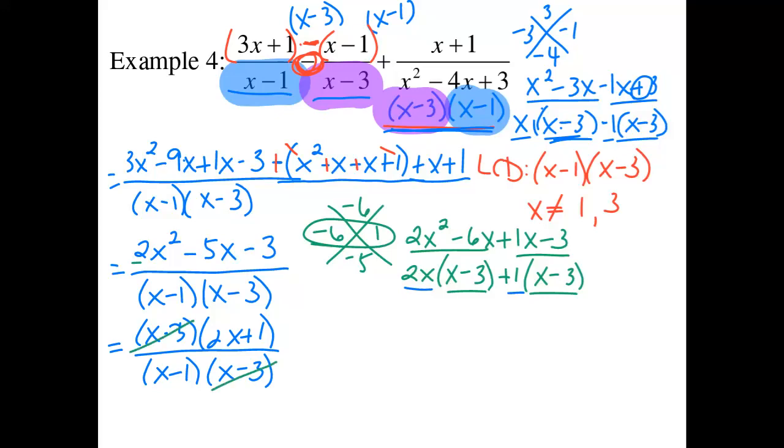X minus 3's will cancel. And my final answer here can just be 2x plus 1 over x minus 1. So a lot easier and less work to look at than that original where there were 3 fractions being added or subtracted together.